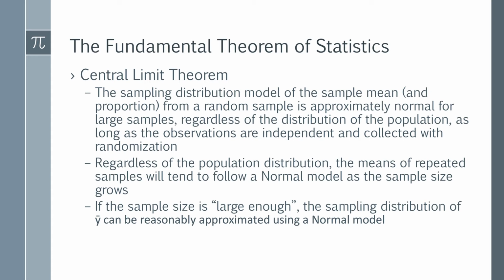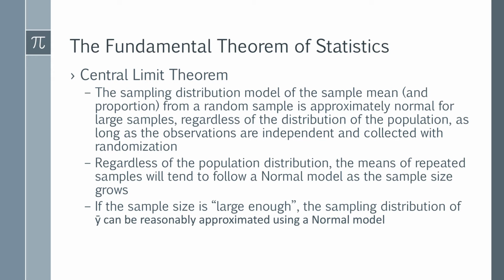Regardless of the population distribution, the means of repeated samples will tend to follow a normal model as the sample size grows. If the sample size is large enough, the sampling distribution of y bar can be reasonably approximated using a normal model.